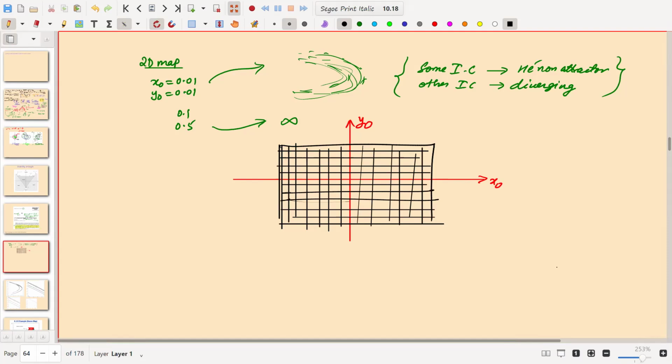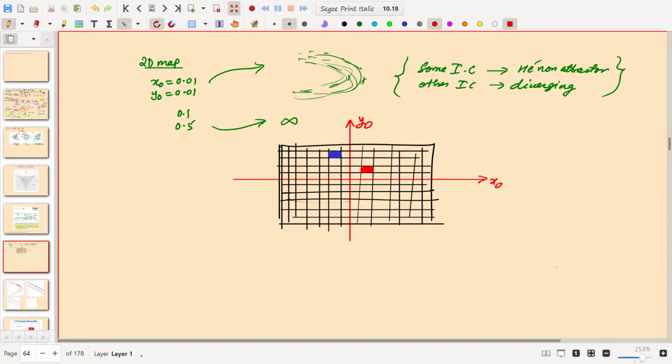With this fine grid, if I take this initial condition over here, and this leads to an attractor, I can mark it blue. If this initial condition leads to an attractor, I mark it blue. Suppose this initial condition doesn't lead to the chaotic attractor, rather diverged, then I can make it red, right?